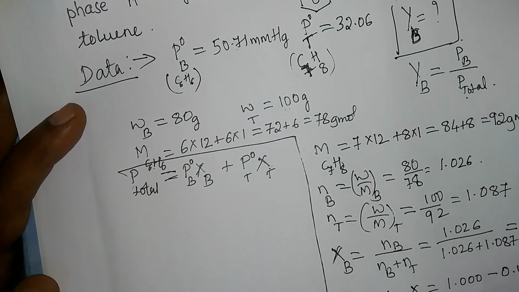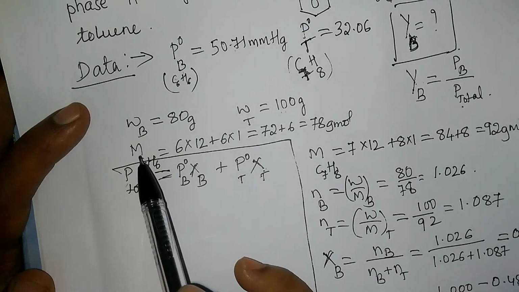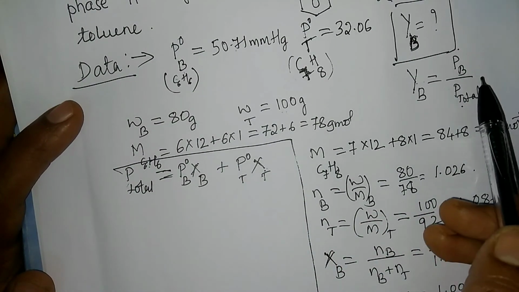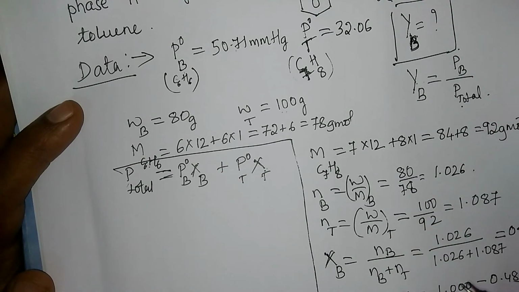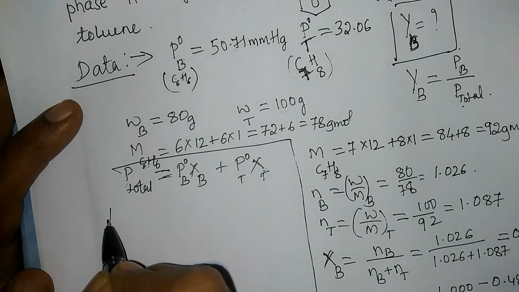Let us substitute here. The total pressure is not given, so we need to calculate the total pressure. For that they have given the vapor pressure in the pure form.